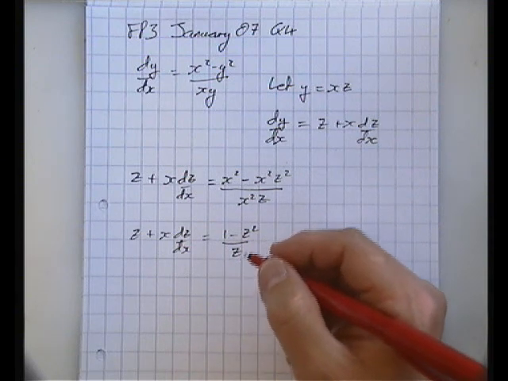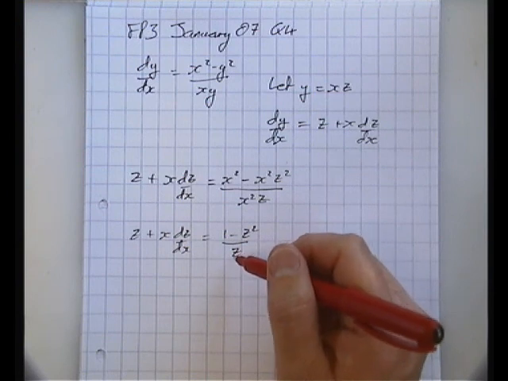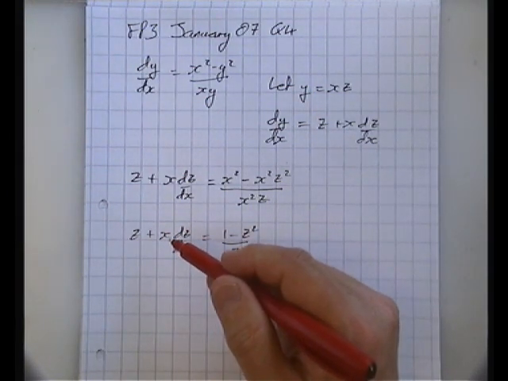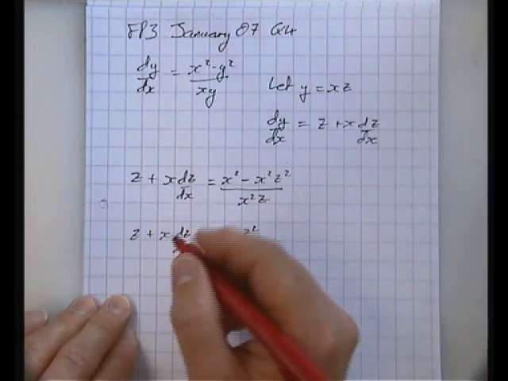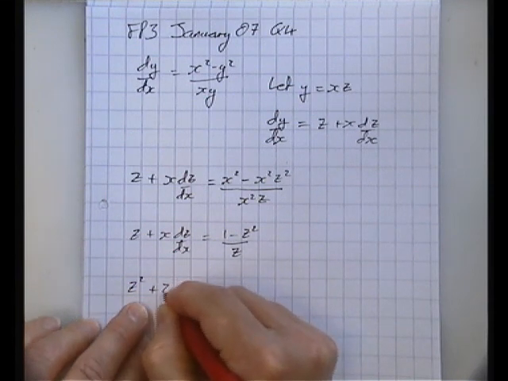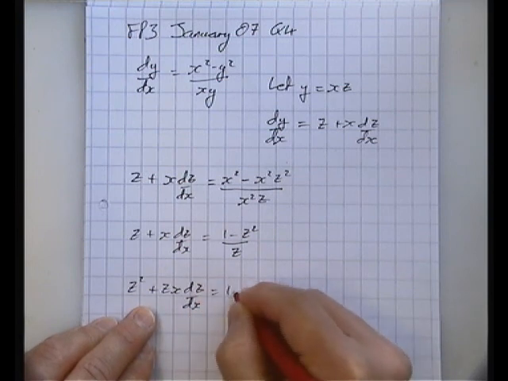Now, I'm going to be able to make some further changes as well, and I'm going to move the z up here to simplify things and subtract the z squared that results. So let's multiply it by z first, keep it straightforward. So I've got z squared plus zx dz/dx is equal to 1 minus z squared.